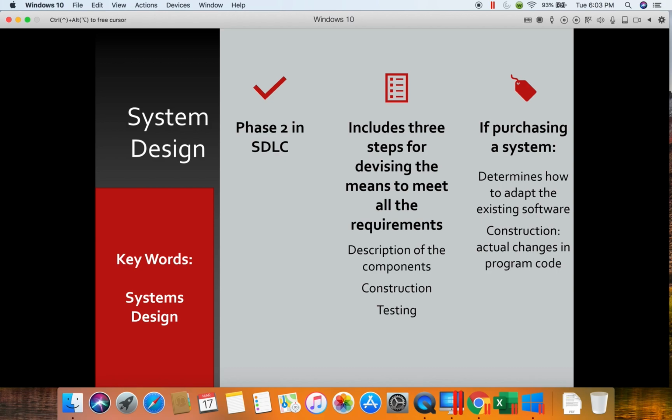So if we were purchasing a system, we would probably compare multiple different systems, and compare how each of those systems would achieve what we want it to do. It's important to remember here that we don't want to just talk to the vendors that are providing the software and have them tell us that this system will do the things we want.